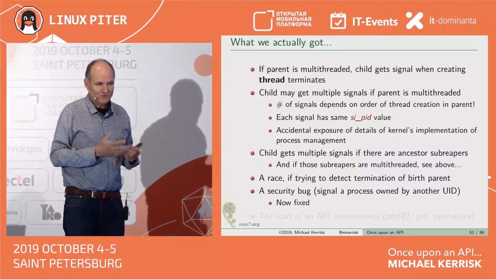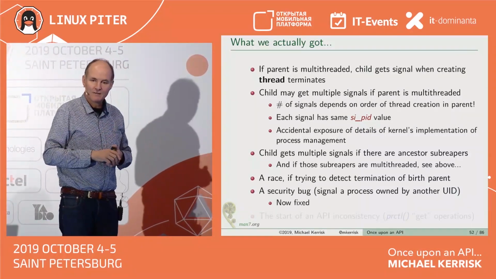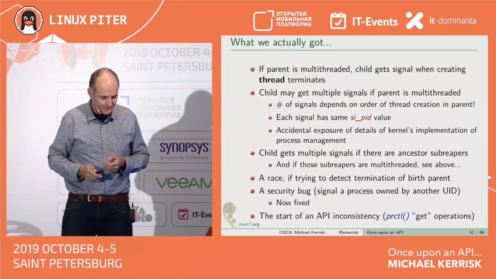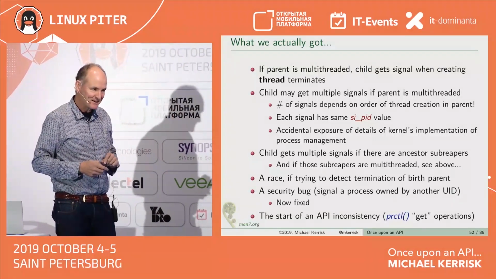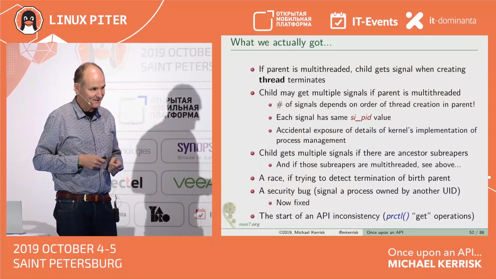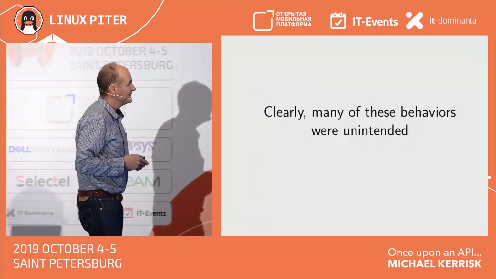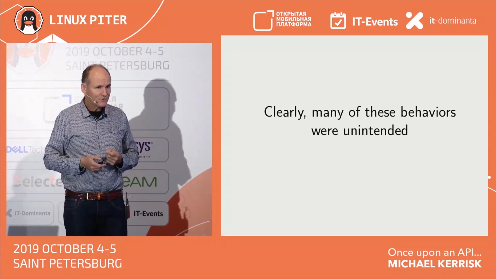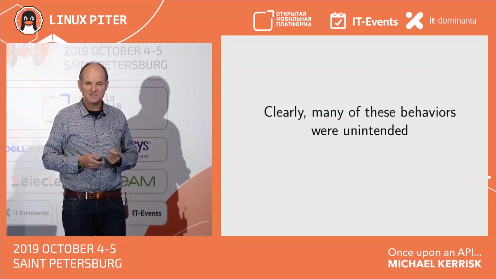And we had a security bug, which took a while to find, but eventually did get fixed. Oh, and we had this API inconsistency between the get operations in the prctl system call. Okay, I think it's fair to say that probably quite a few of these behaviors were unintended.